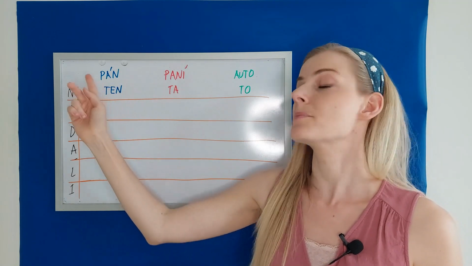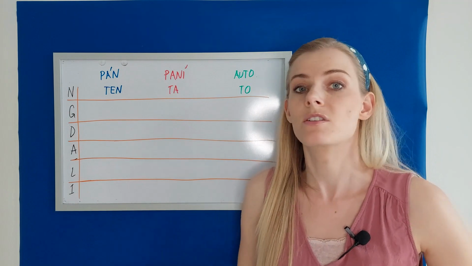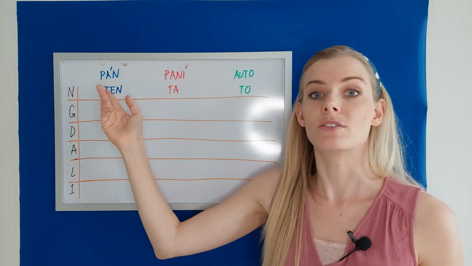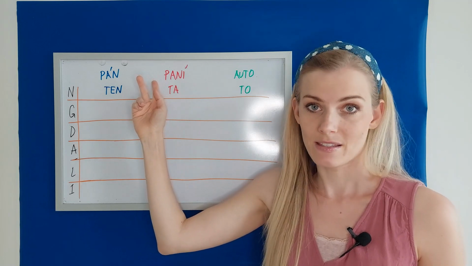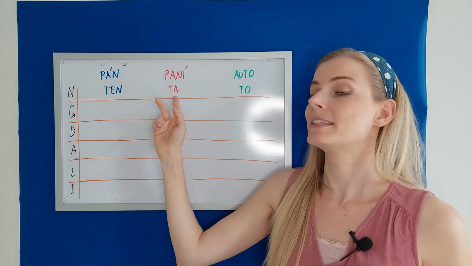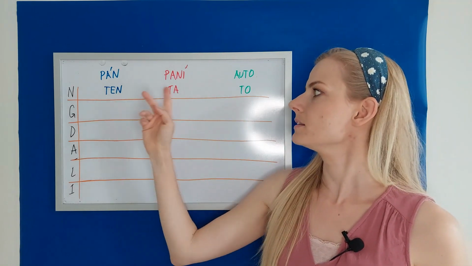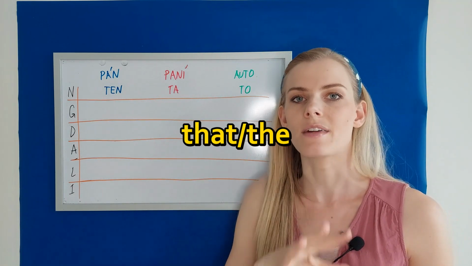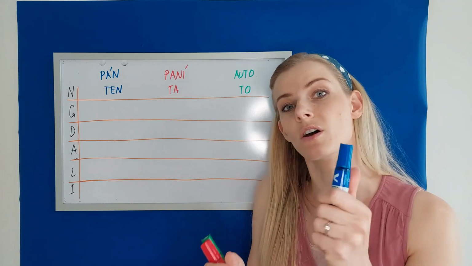Above here we have three nouns. Pán, representing the masculine, animate and inanimate, because in this case also it doesn't matter. Pán meaning Mr. or a man. Paní meaning lady or Mrs., representing the feminine. And auto, a car, representing the neuter. Ten, ta, to means that. We would use it for when we want to point at something which is not in our hand.